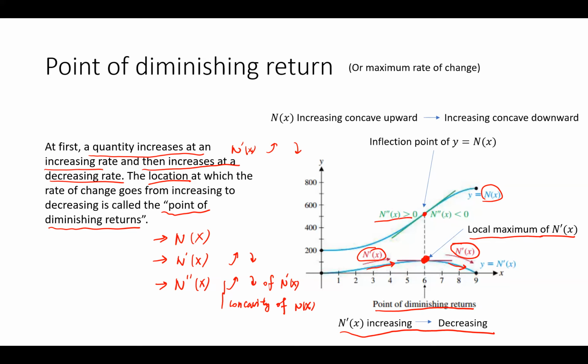Because if the first derivative is increasing, then on the left it is convex, concave upwards, and on the right it is concave downwards. When this happens, this point is also called the inflection point, which we covered earlier. So it's the inflection point of the raw function, which is n of x.